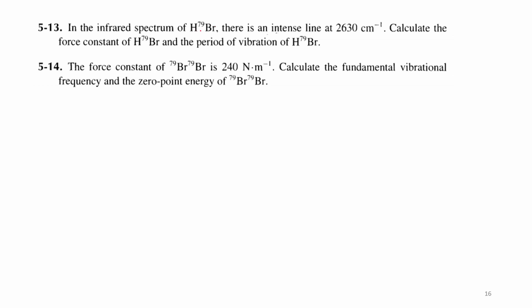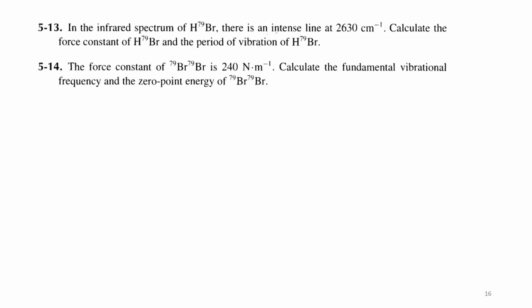So see, the first question states that the molecule is H79Br, HBr, right? Where the isotope of bromine is 79, and it is said that there is an intense line at 2630 centimeter inverse. So it is an infrared spectrum line.